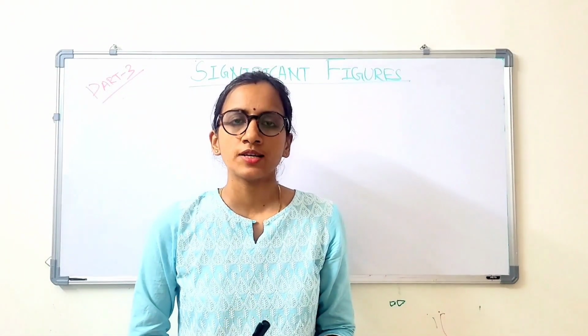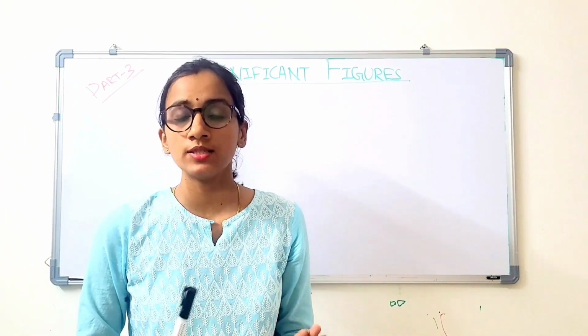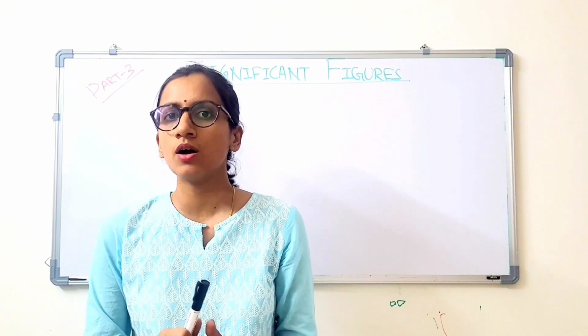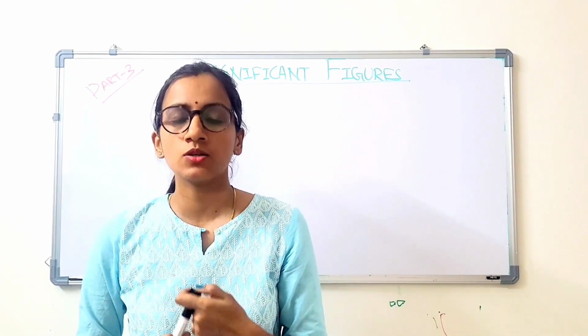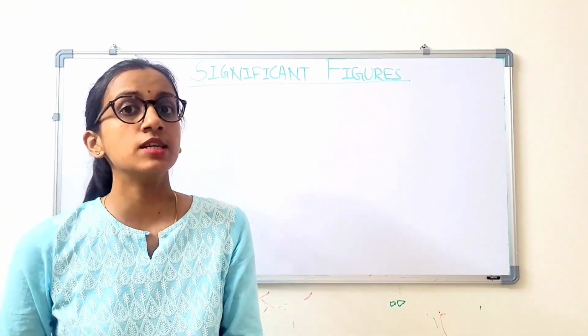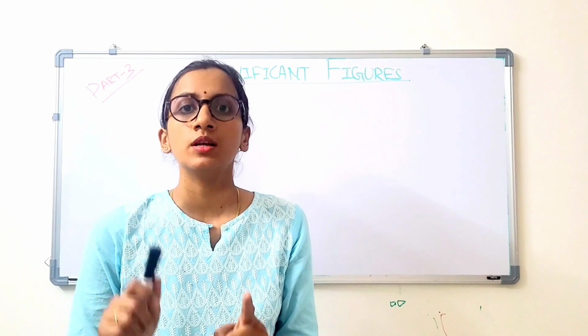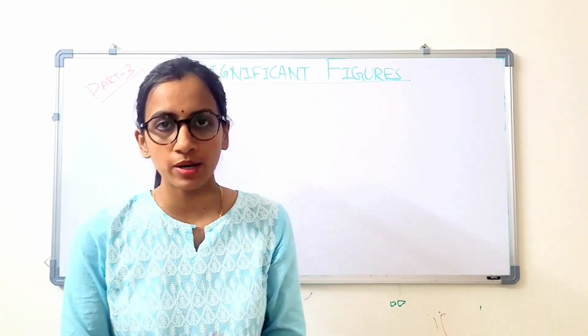So, first, the rule says that a change in units will not change the number of significant figures in a measurement. A change in unit will not change the number of significant figures in a measurement.